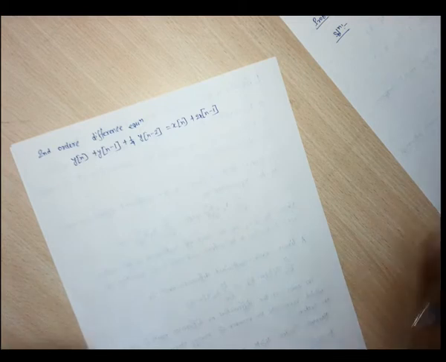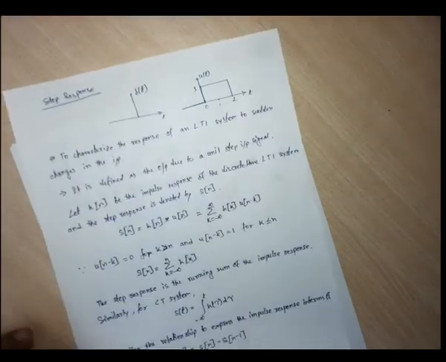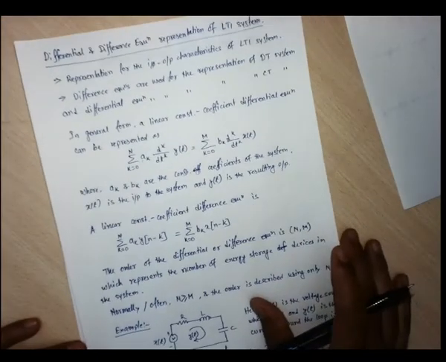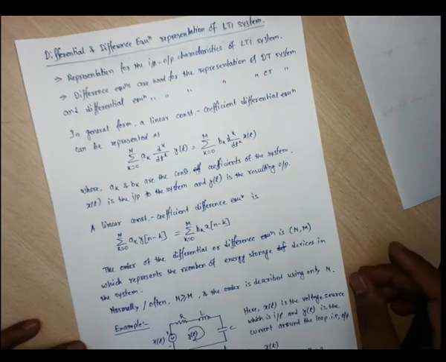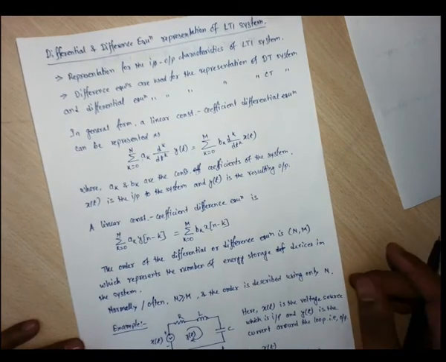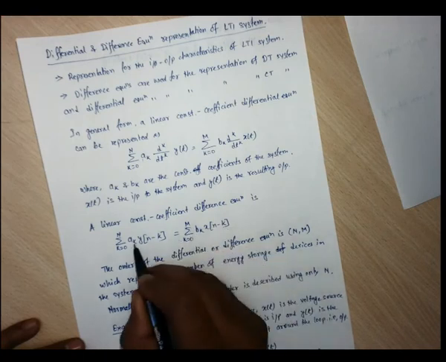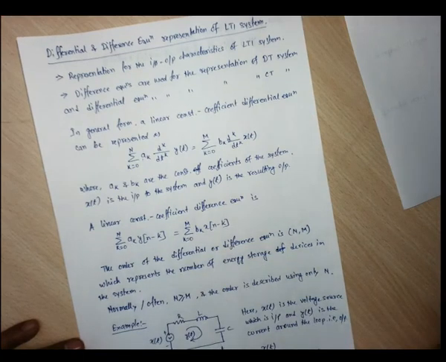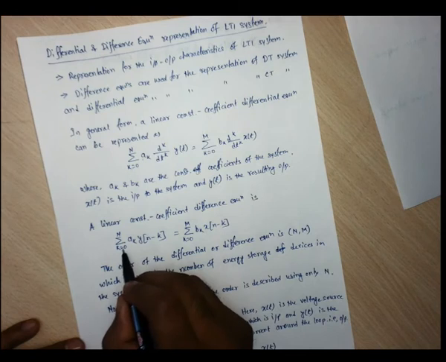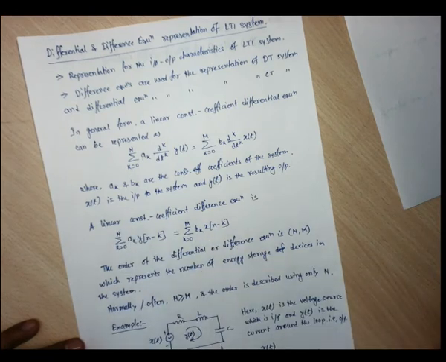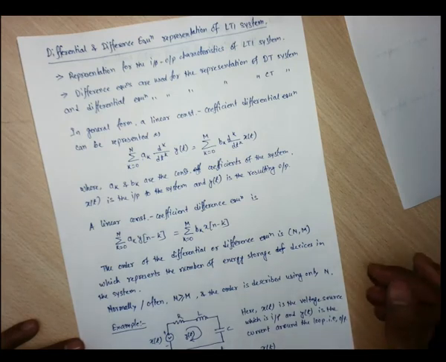So what we have seen previously, if we go into that, so this n or m represents the order, right? So for a difference equation, this k ranges up to m or up to n, isn't it? So which one is greater? We will choose that one as the order of the system.